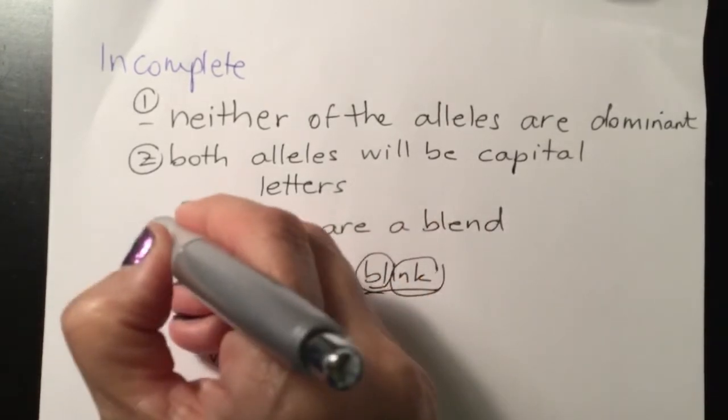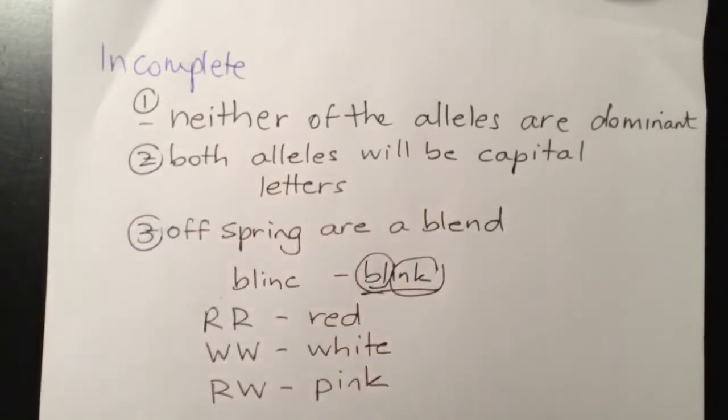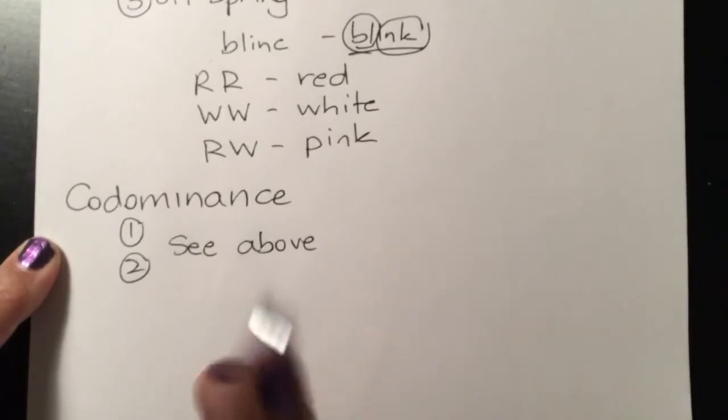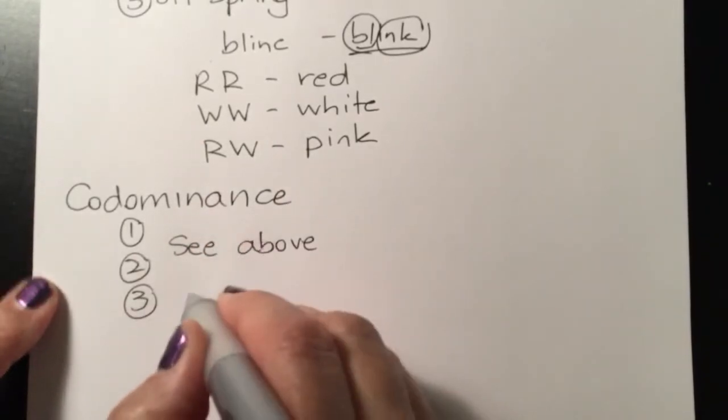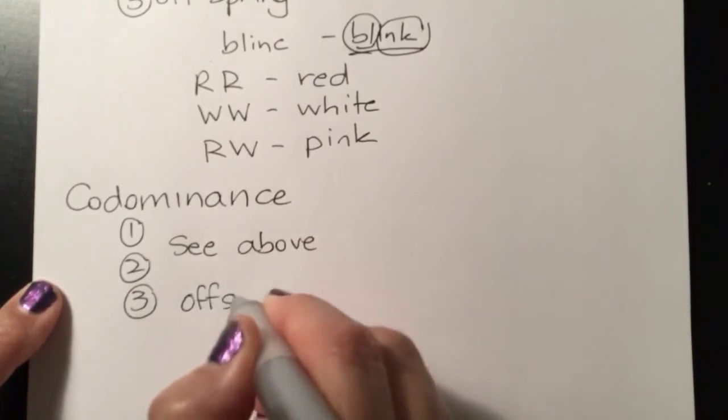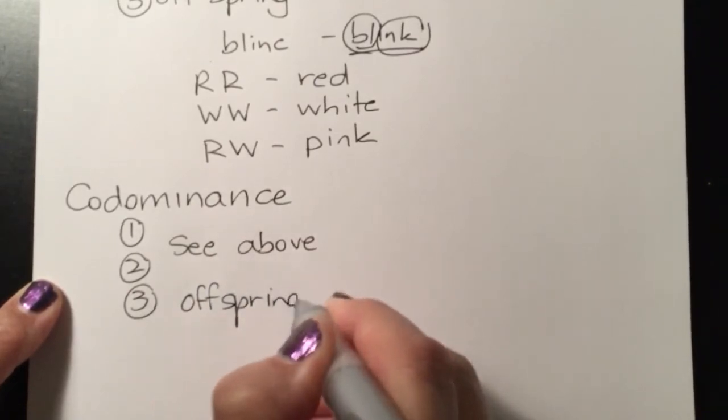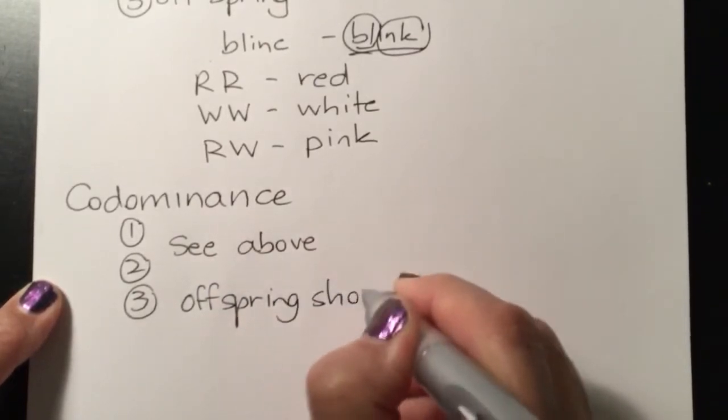So here's our new 3. Our new 3 is the offspring show both traits.